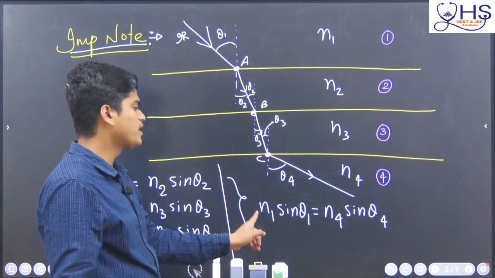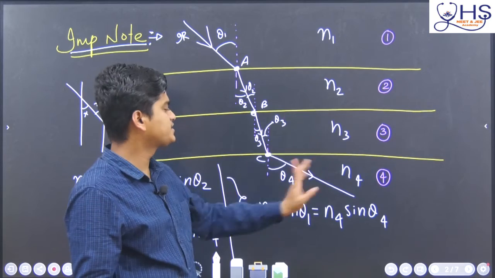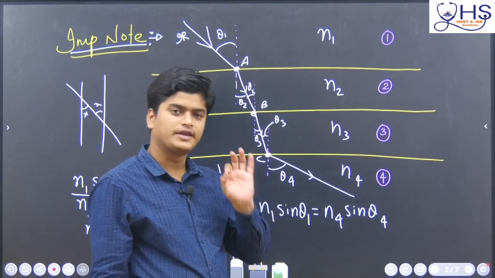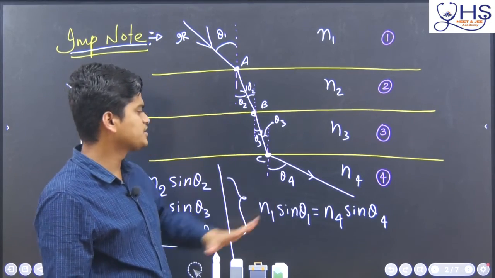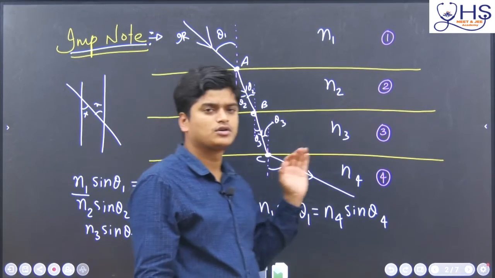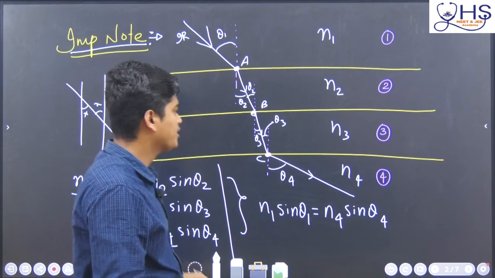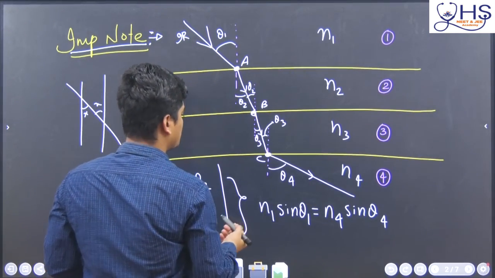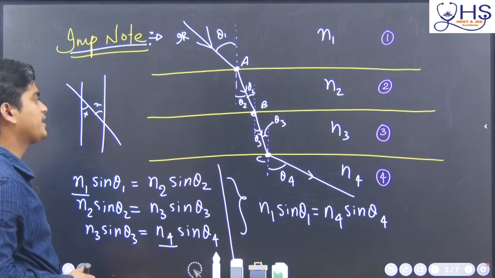So if the refractive indices n1 and n4 are the same, then theta 1 and theta 4 will both be equal. So this is one condition, just remember this important note: when there are different mediums, and a light ray is coming in and going out, then you can have a relation like this.